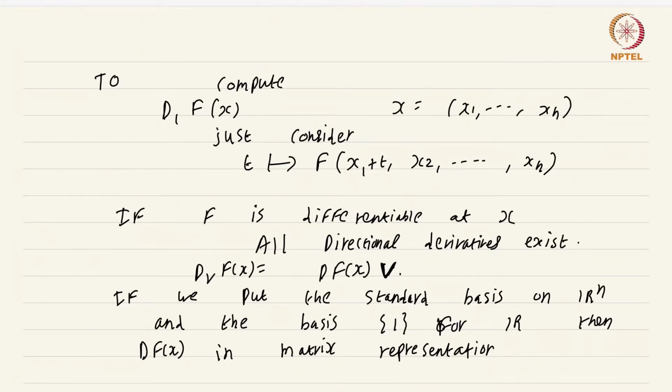Well, you act the linear map on the basis vectors and then write the output vectors down in the basis for the codomain and put them as the columns. So immediately you will see that the matrix representation is just (d1 f(x), d2 f(x), ..., dn f(x)). This is a row matrix consisting of the partial derivatives.